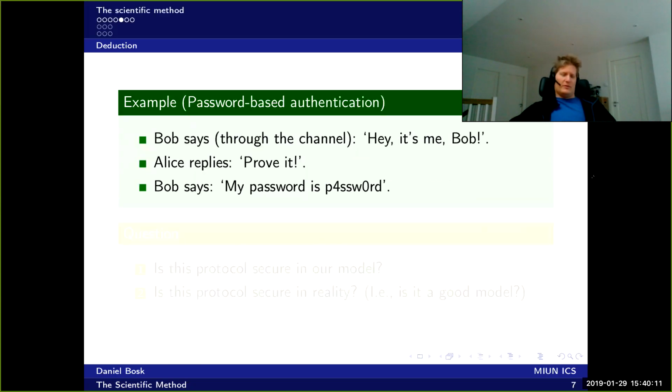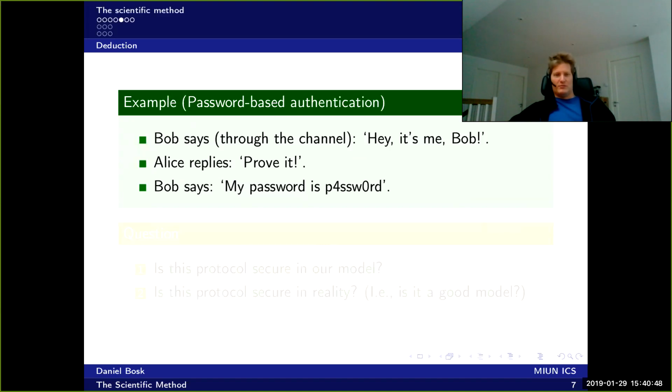Here is an example protocol which will try to achieve this property in the system that we have defined. It is basically password-based authentication, which you should be used to from anywhere on the web. It's kind of impossible to not come across password-based authentication. The protocol follows the usual way it works. Bob says through this channel, through the pipe, "Hey, it's me, Bob."